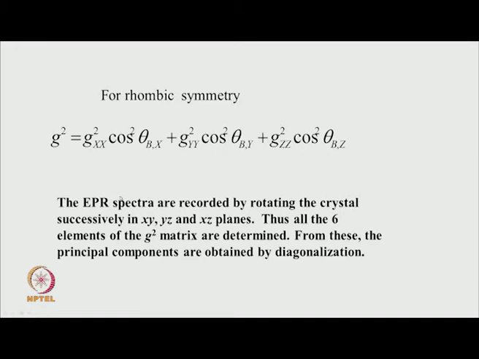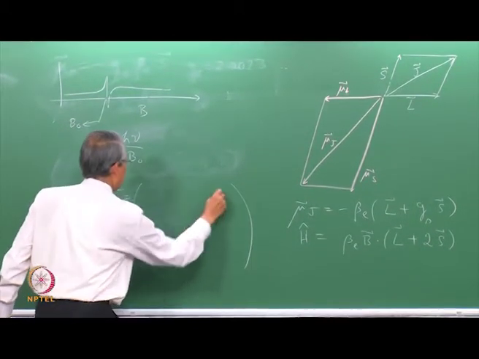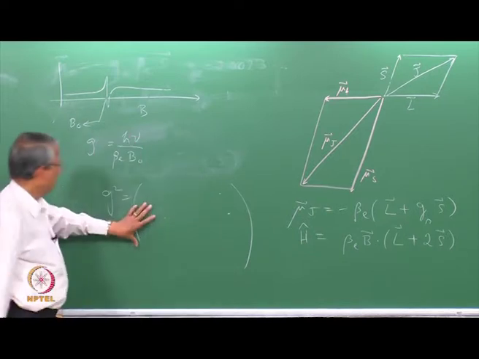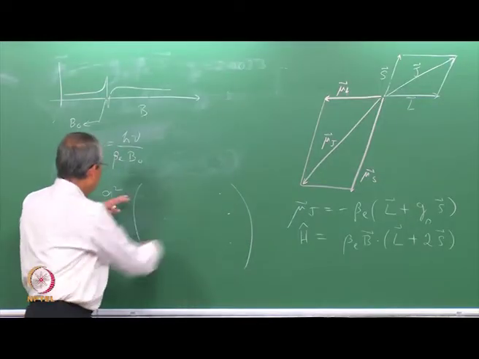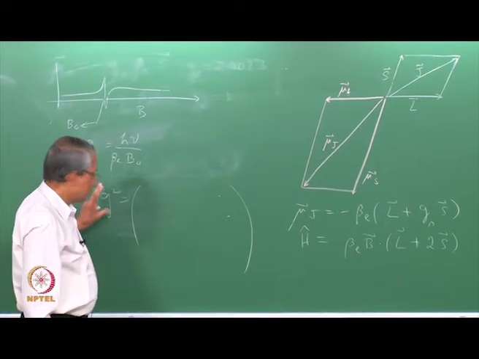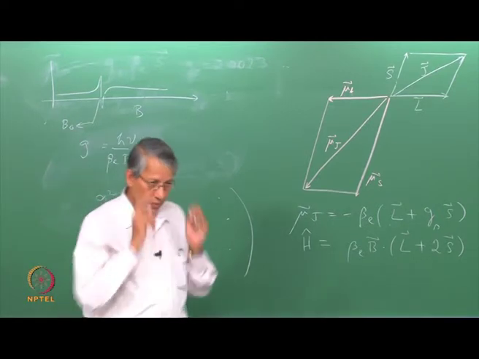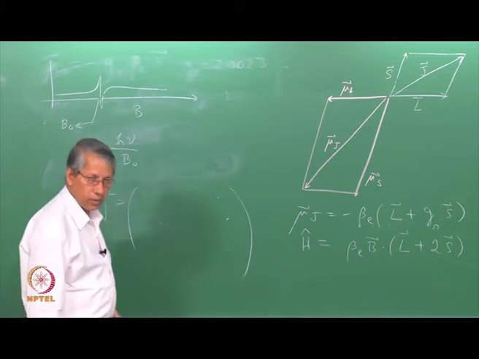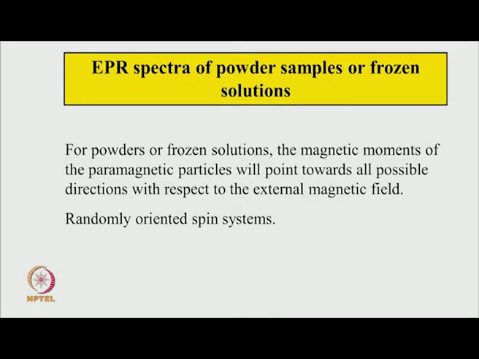Then the corresponding elements of this G squared matrix can be determined from this measurement, and one can diagonalize it to get the principal components of the G matrix, and also the angles of the principal axes that give rise to the anisotropic interaction.